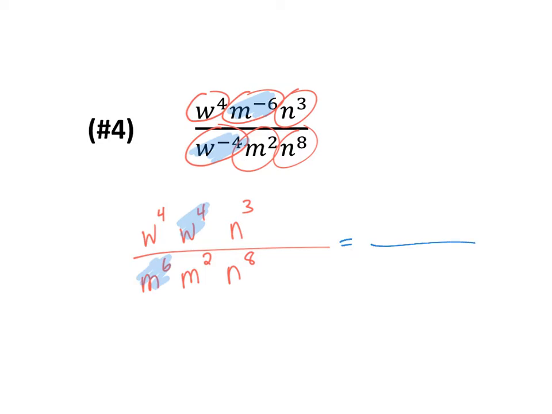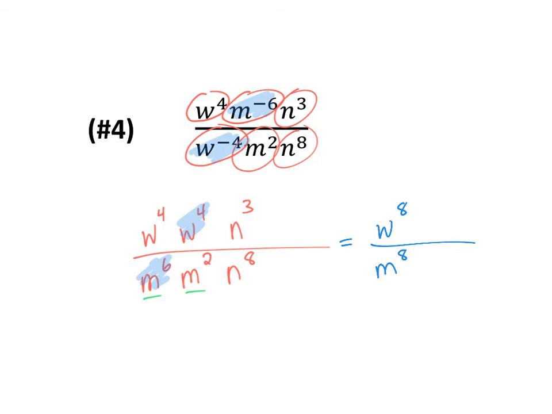Once we move them, now we can simplify. Do you see that on top, w to the fourth, w to the fourth, you put those together and they will become w to the eighth. 4 w's, 4 more w's, put them together, 8 w's. On the bottom, we have m to the sixth times m to the second. Put those together, you would get m to the eighth.